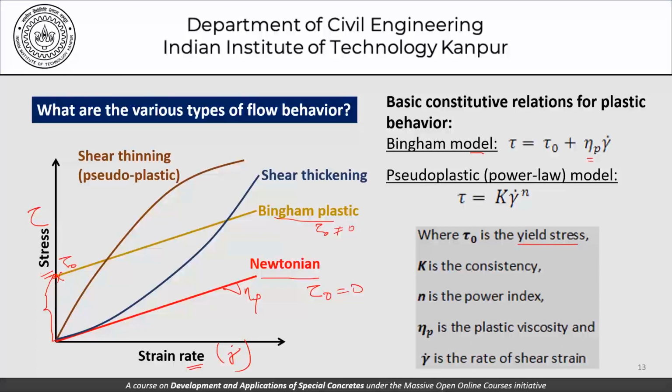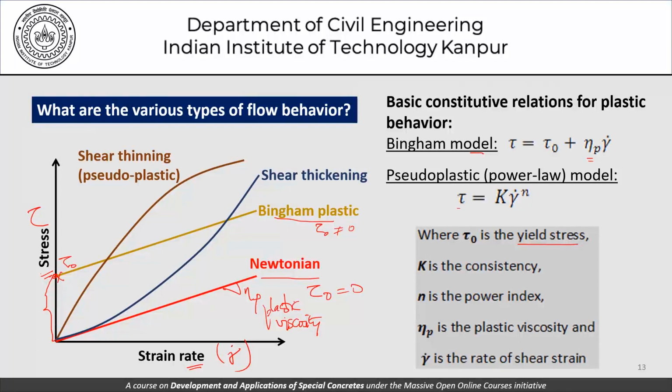n is a power index which we use more in the pseudoplastic kind of model, where tau is given as k times gamma dot to the power of n. Eta p is the plastic viscosity, which is here. This is the plastic viscosity that we are talking about. And gamma dot is the rate of shear strain. So these are the kind of discussions that we have as far as flow behavior is concerned.